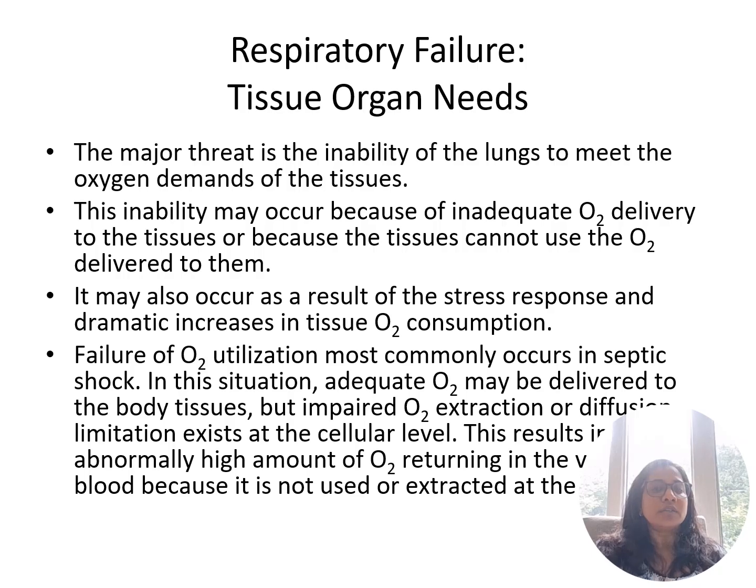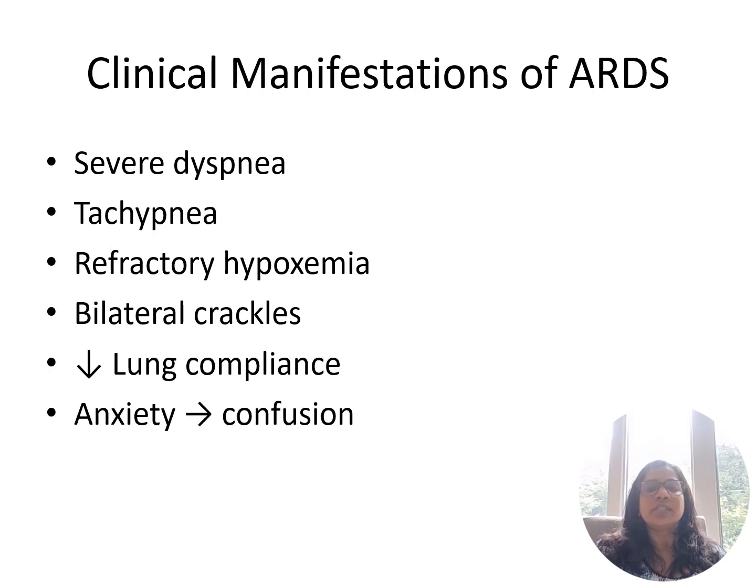Now, what happens with respiratory failure? You usually see clinical manifestations like severe dyspnea, tachypnea, hypoxemia, crackles, confusion, etc. I would say the first symptom you're going to notice is confusion, restlessness, agitation, because whenever there is hypoxemia, our brain cannot sustain that.